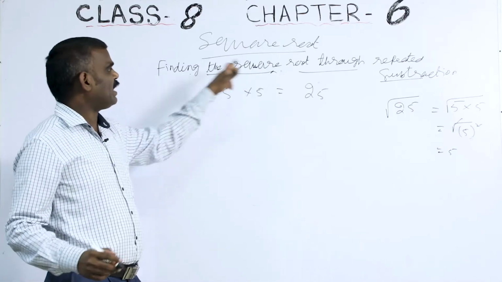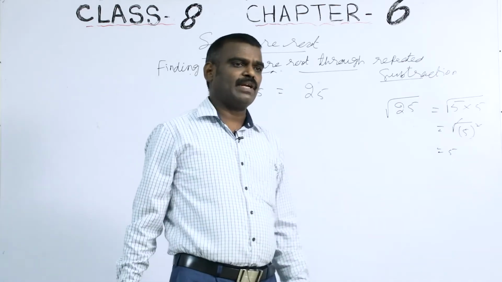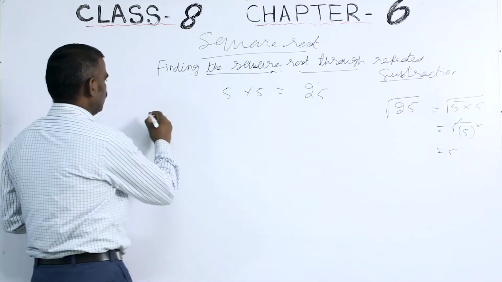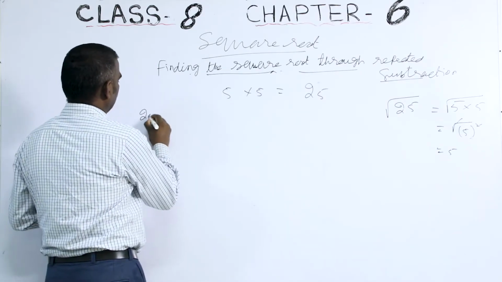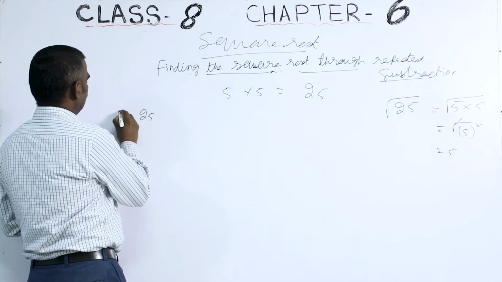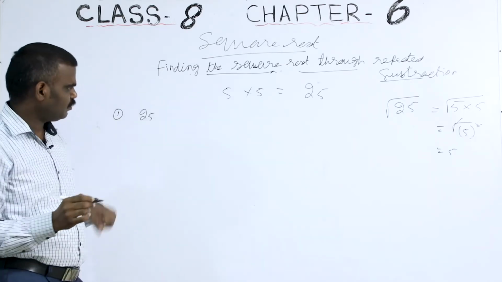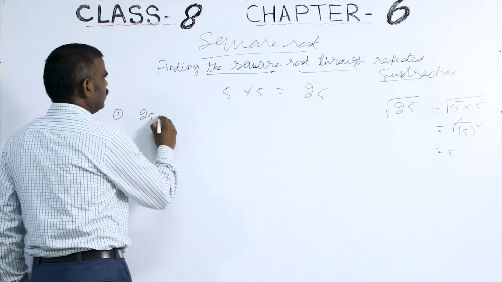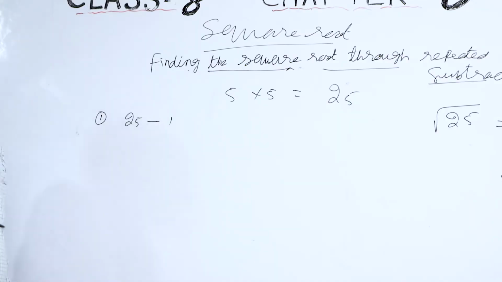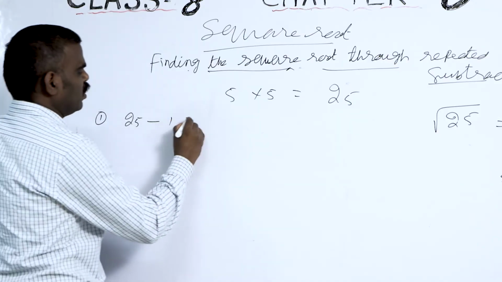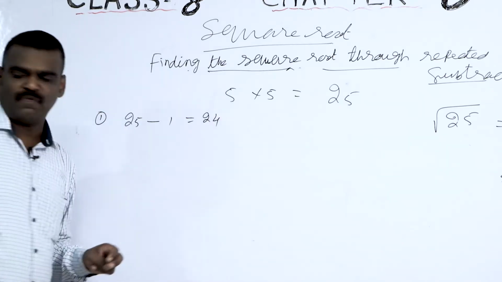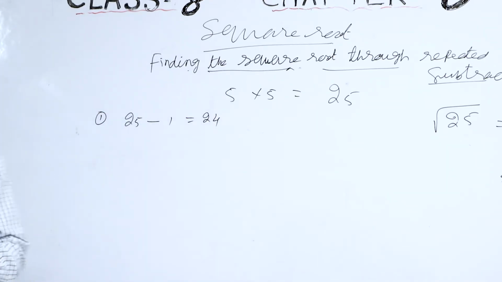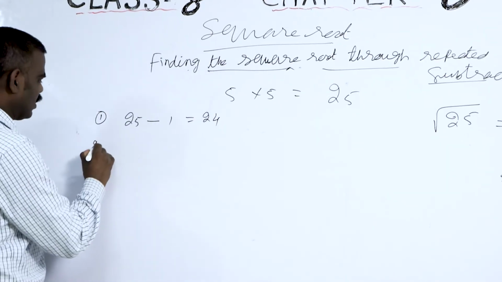Another method, repeated subtraction. Continuously you are going to subtract from 25. What is the first odd number? 1. So 25 minus 1 is 24. Next, second step.